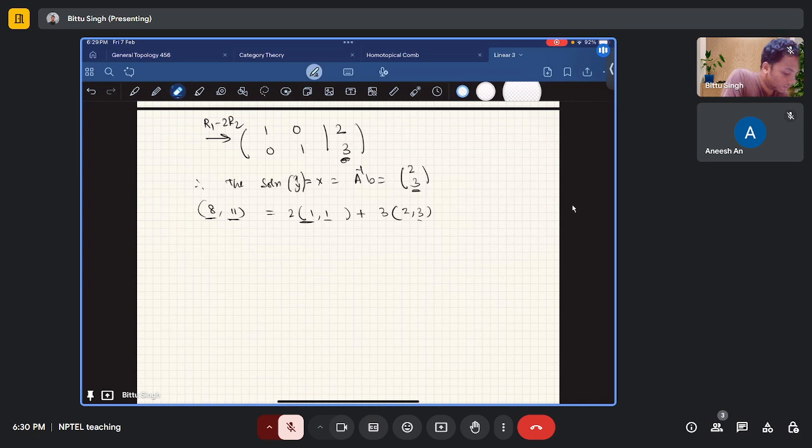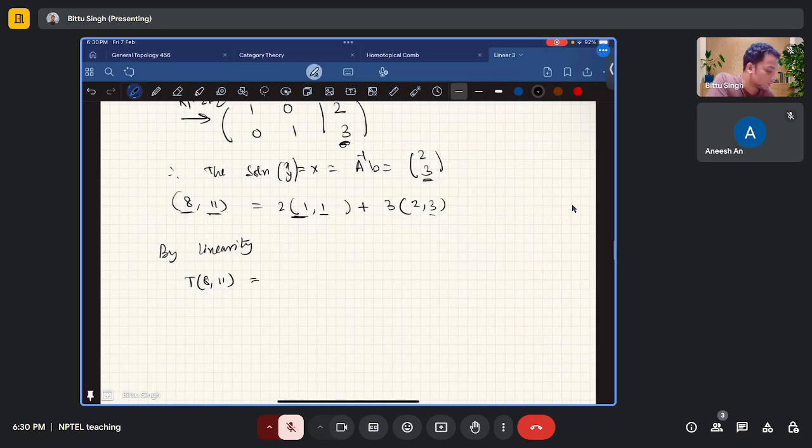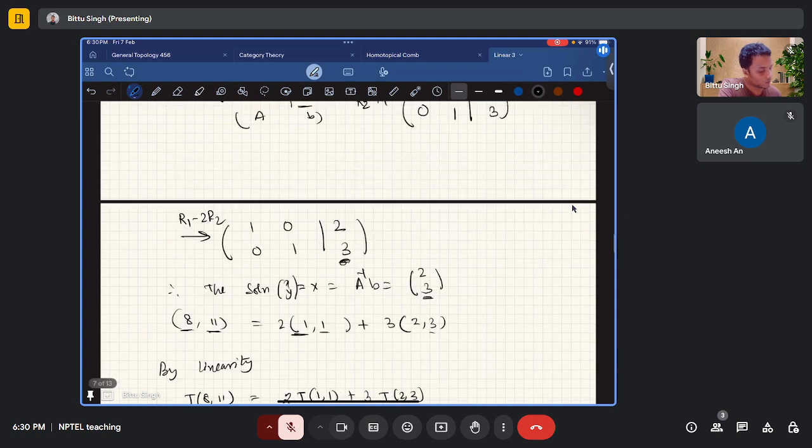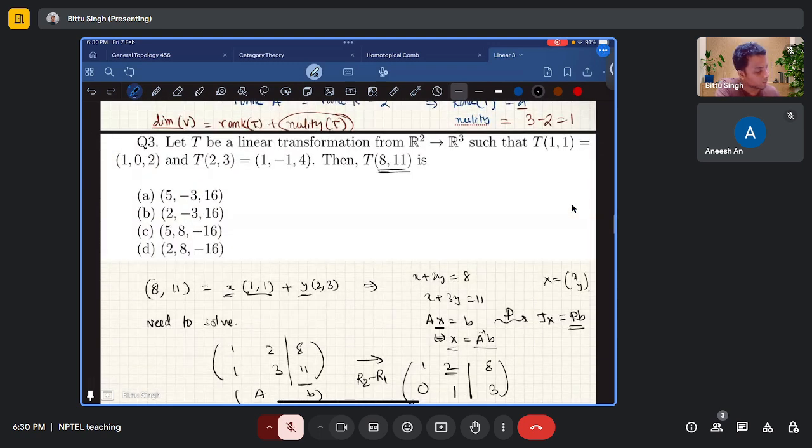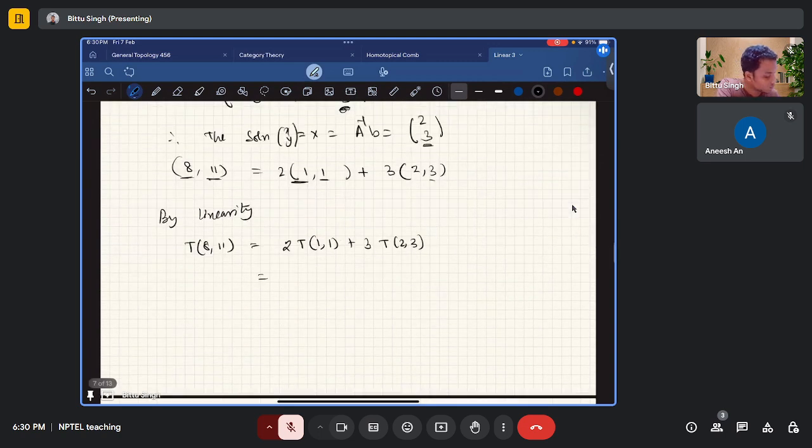So by linearity, T of 8 comma 11 is the same as 2 times T of 1 comma 1 plus 3 times T of 2 comma 3. T applied on 1 comma 1 is 1 0 2, and T of 2 comma 3 gives us 1 minus 1 comma 4.